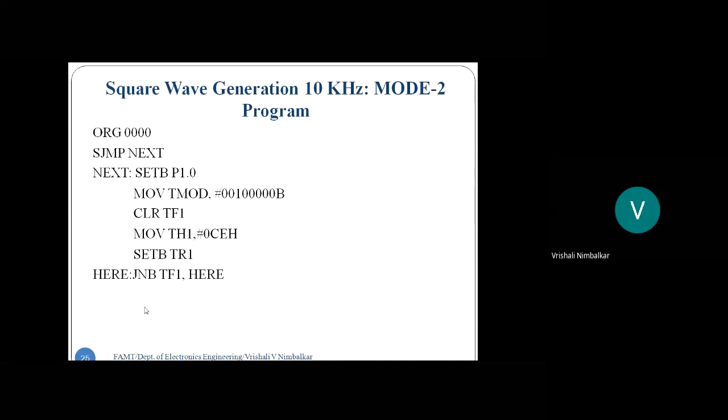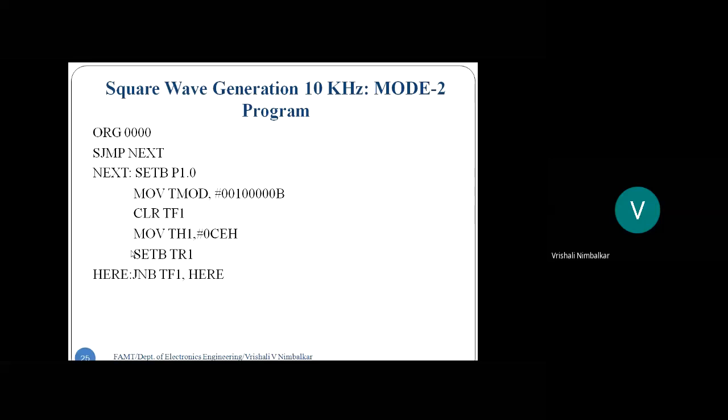Immediately next, we will write some other program. And whenever there is an overflow, automatically the interrupt will be generated and the microcontroller will stop the current execution and jump to the interrupt vector. Which timer am I using? Timer 1. So it will jump to the timer 1 vector address, and there I will generate the square wave. We will see this when we study interrupts.